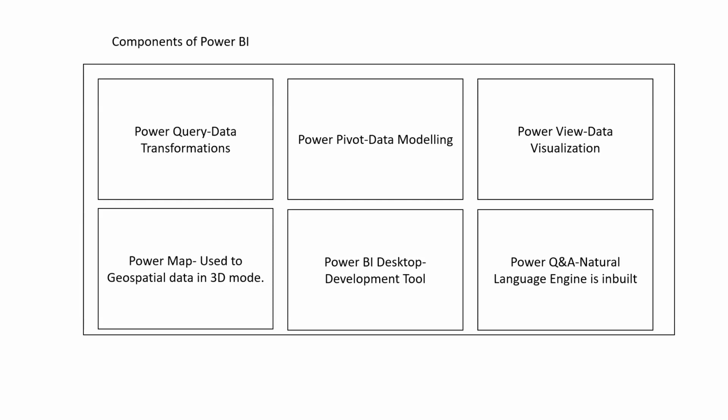Country information is available in that field. Whenever you drag and drop it, a geospatial and AI-based engine running behind it detects it, and a map kind of chart appears. So Power Map is one more inbuilt component in Power BI. Whenever you drag and drop fields like city, region, country, or pin code, the map visual is automatically reflected.